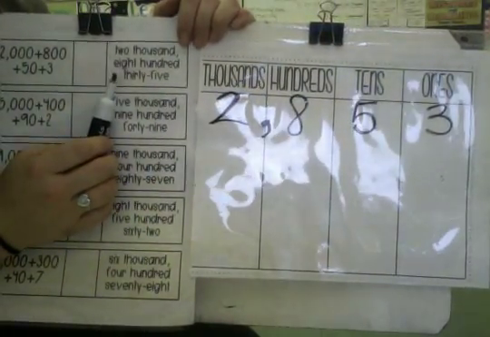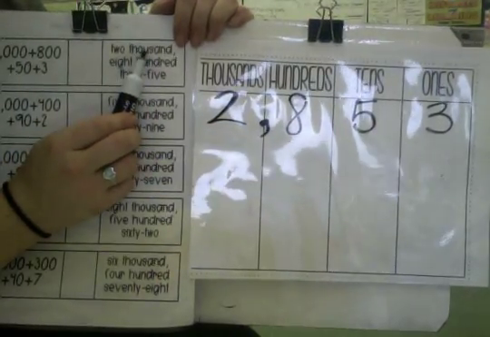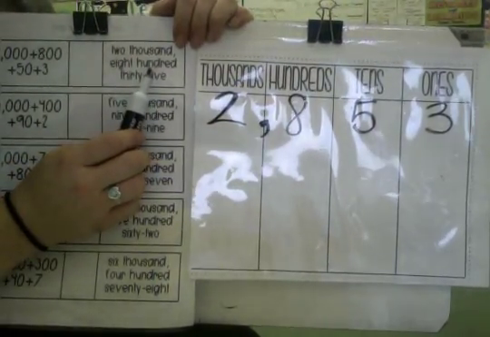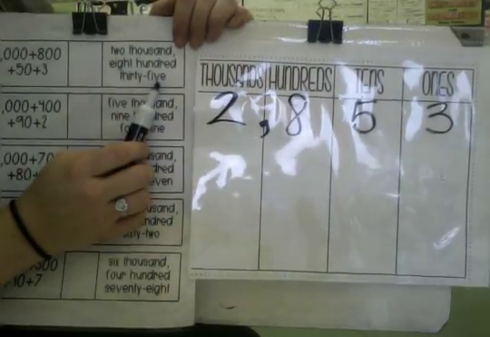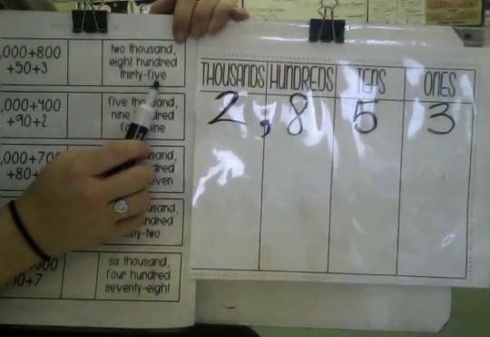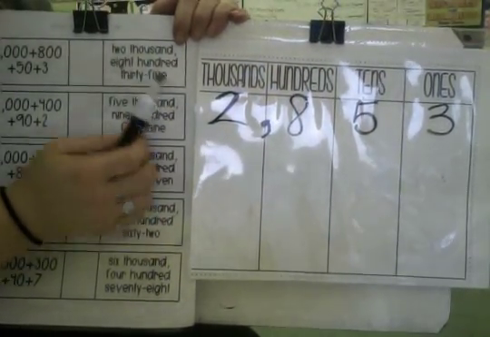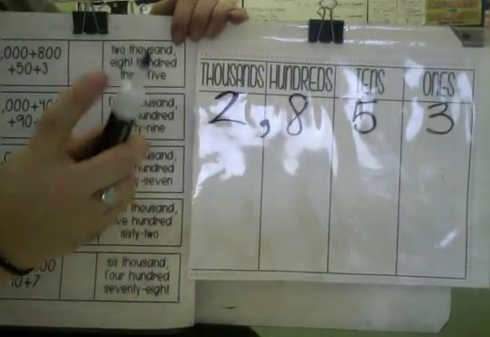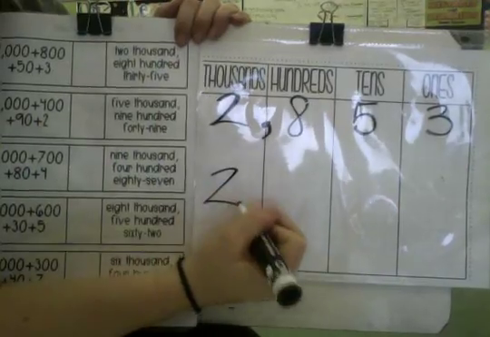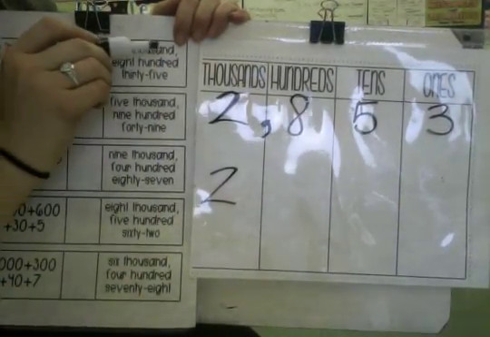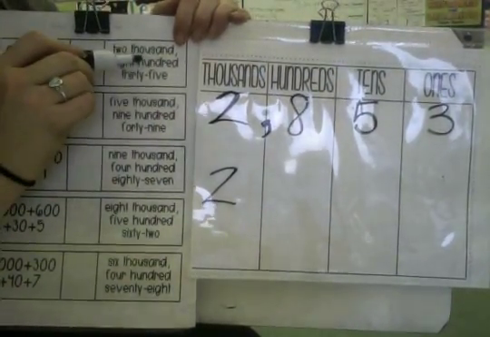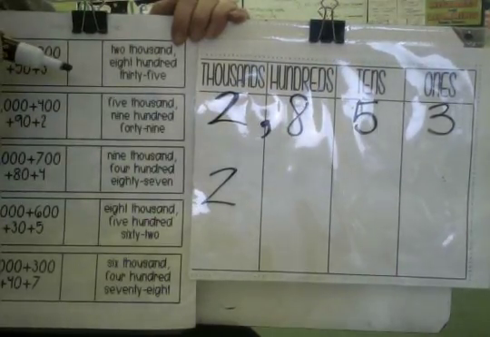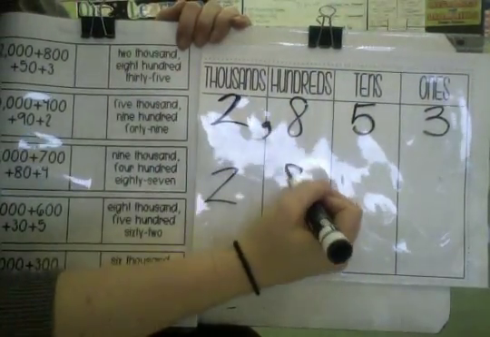Let's take a look at the number that's in word form. Let's read it through. Read with me. 2,835. So let's think about what that would look like in standard form. It says 2,000. How many thousands? Awesome. 2 thousands. 2,800. How many hundreds? 800.